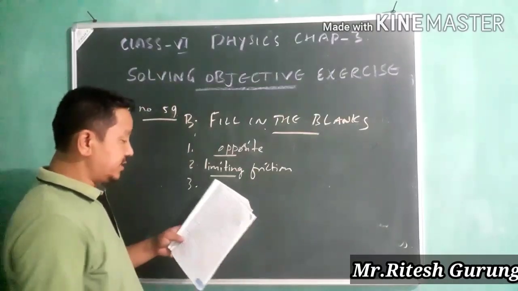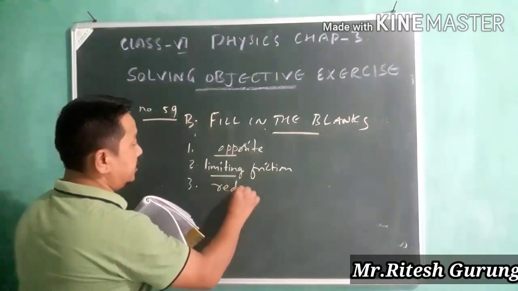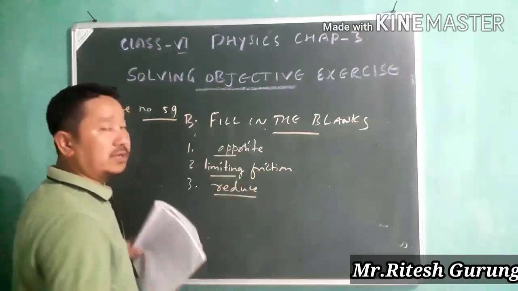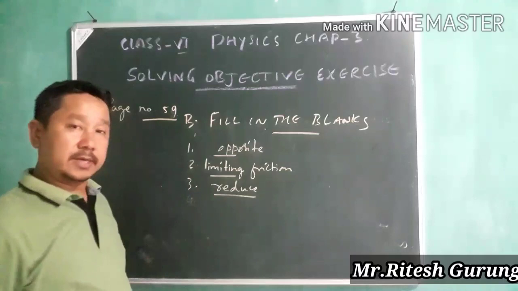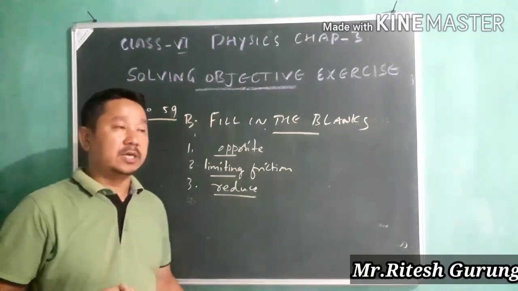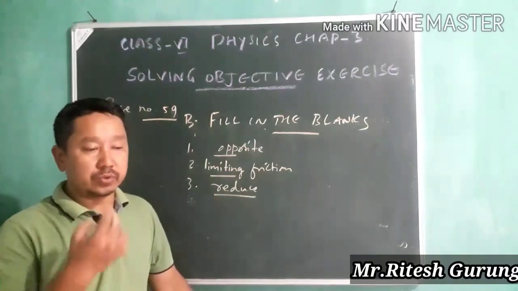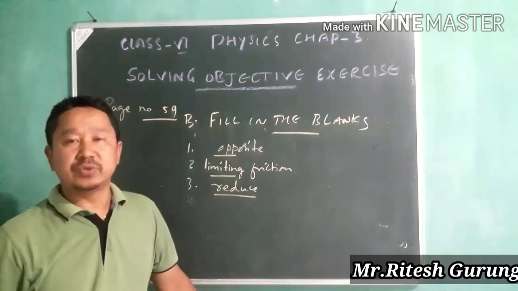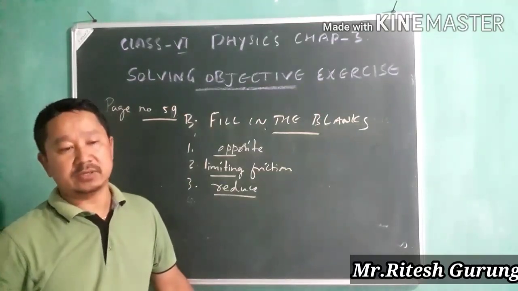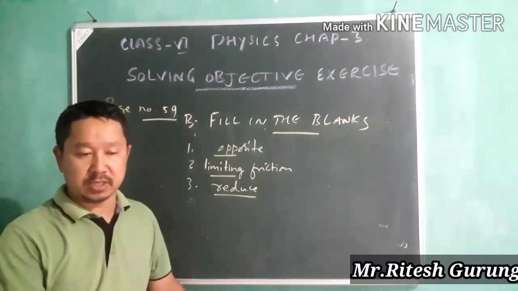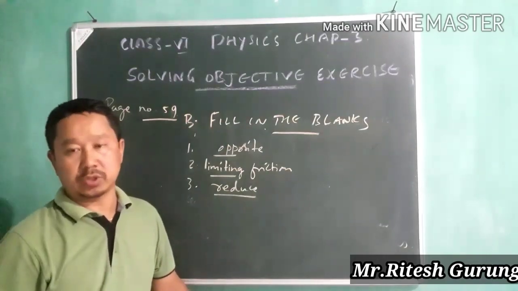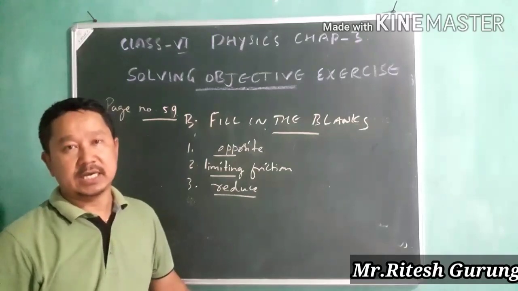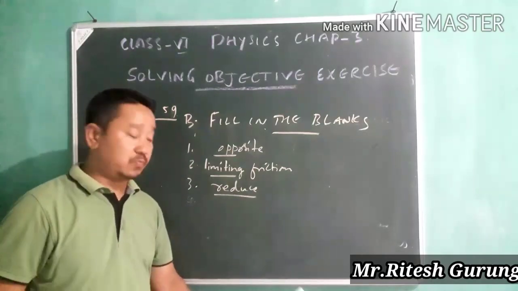So our answer is reduce friction, so that you can easily pull or push the things. That's why we see wheels being used on the bottom of the suitcase or some other luggage, so that there is less friction between the bottom of the luggage and the road or the floor, and you can easily pull or push it.